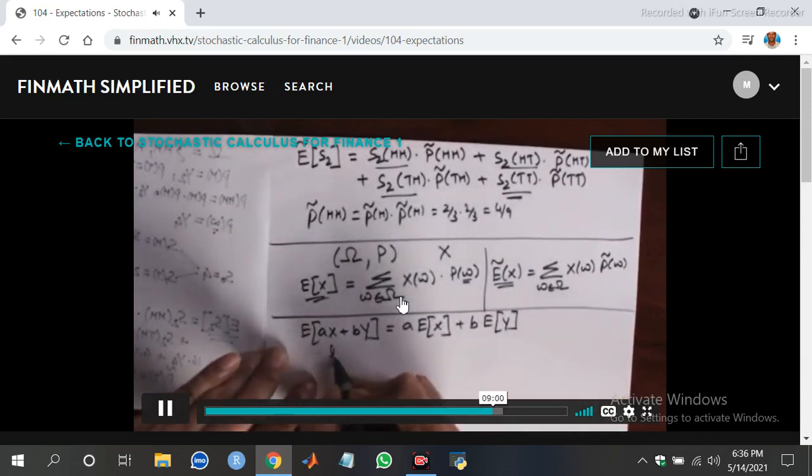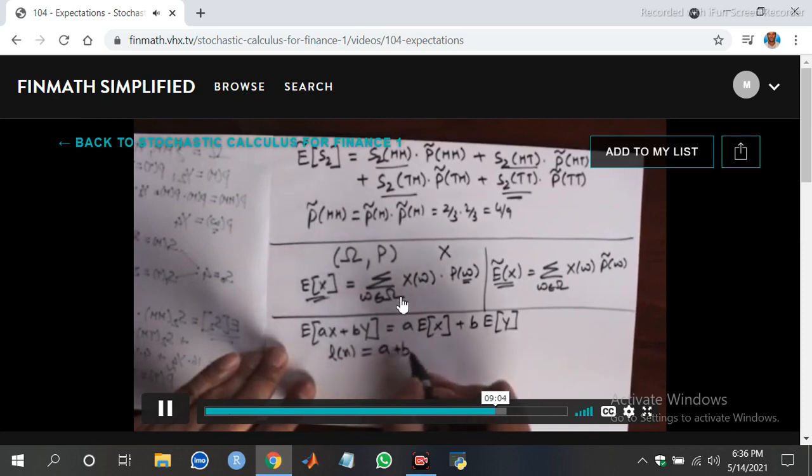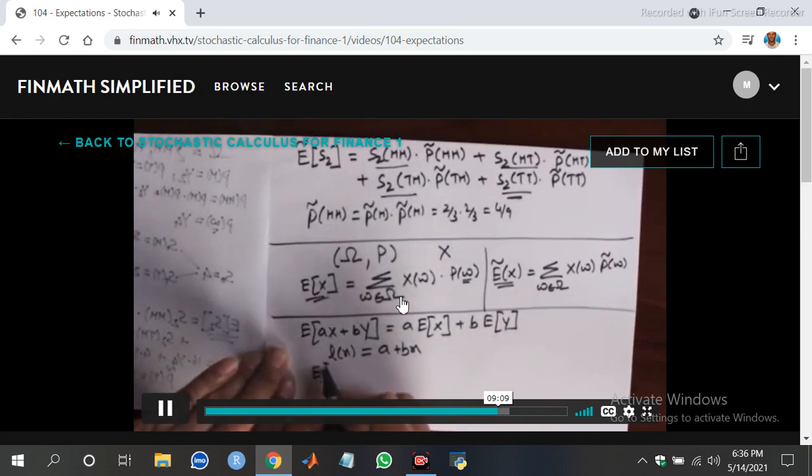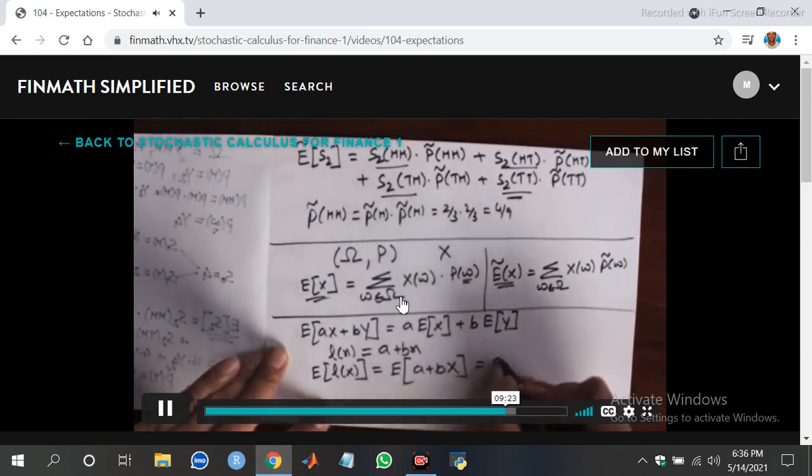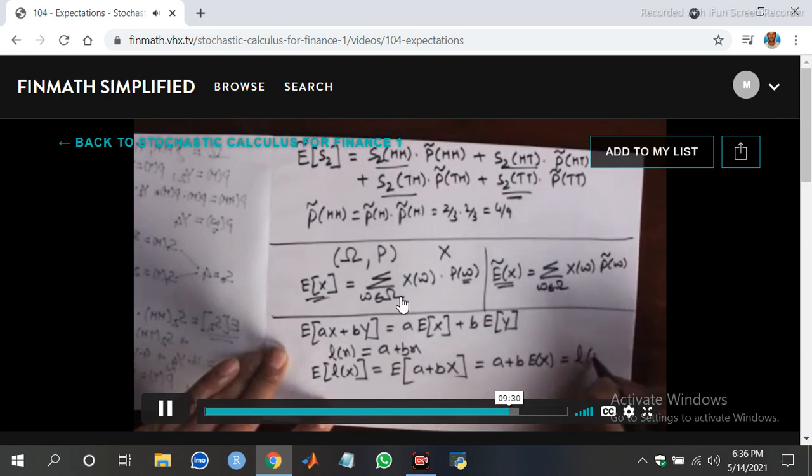In particular, if you have a linear function like a plus bx, and we want to calculate the expected value of a function of that random variable, this is equal to the expected value of a plus b capital X, which is a plus b times the expected value of x. This is same as the function of the expected value, right?